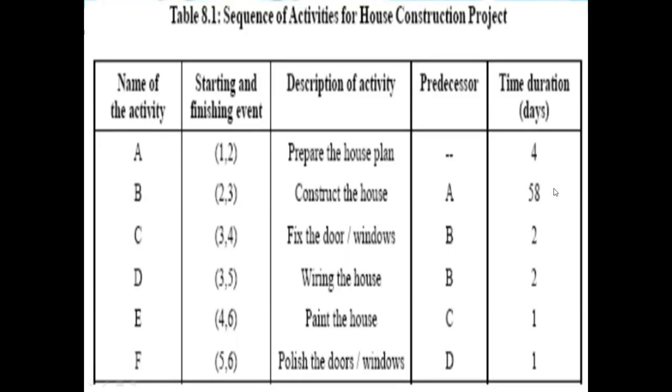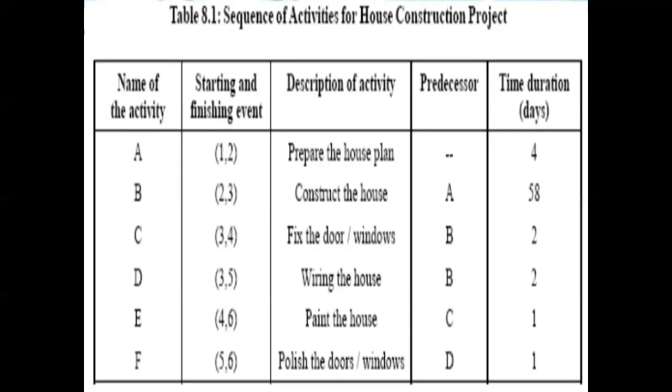On the screen, you can see a table wherein you have been provided with the name of the activity in the form of A, B, C, D, E, and F. Then there is a description of the activity, then the predecessor and time duration associated with each activity.